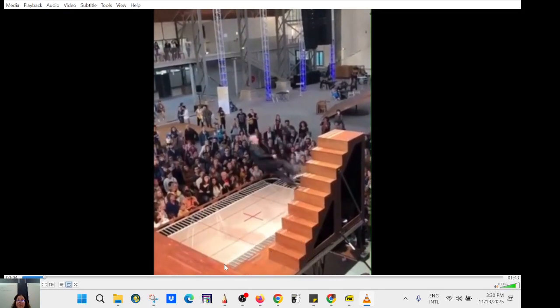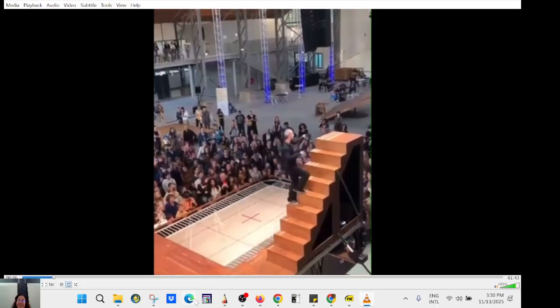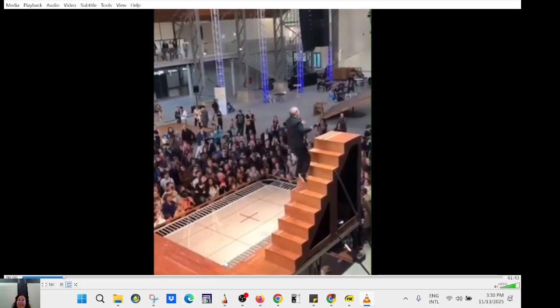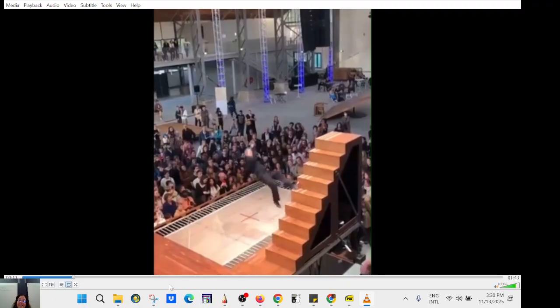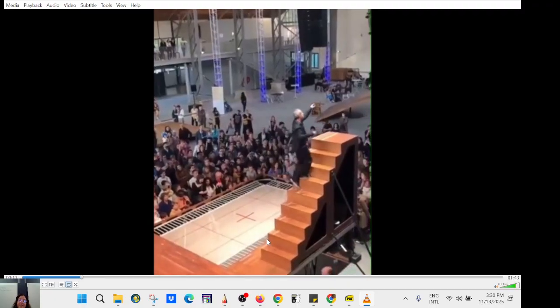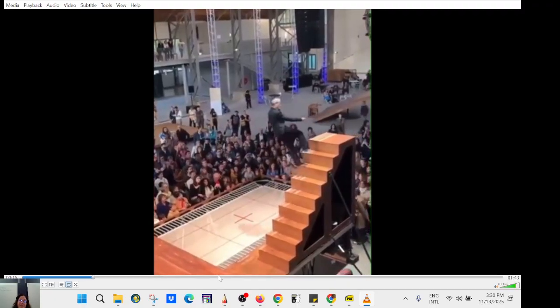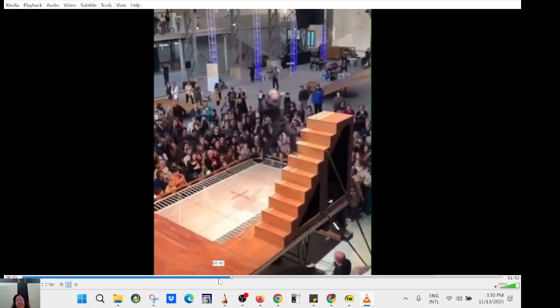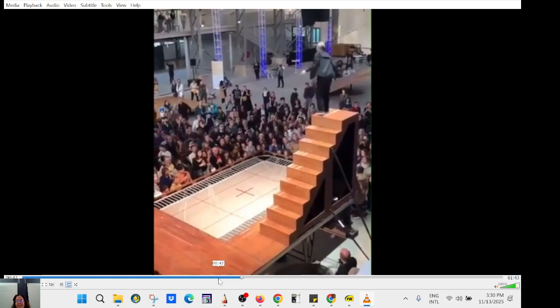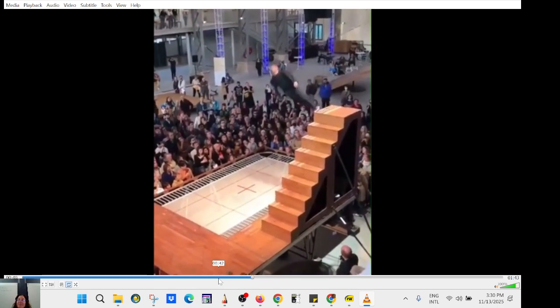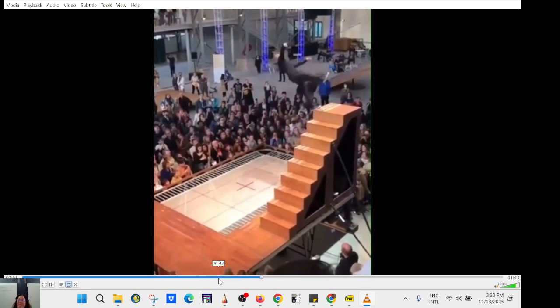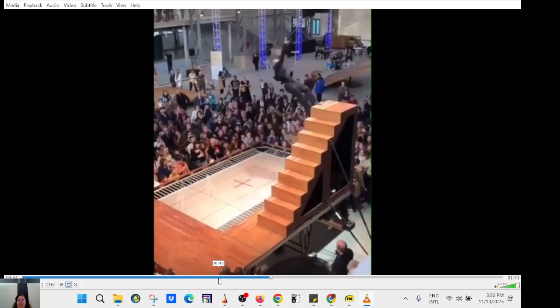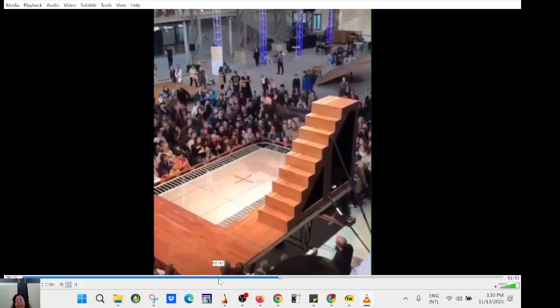Okay. Potential, kinetic, elastic, kinetic, potential. And keep going like this. This is very artistic and it's all physics, right?